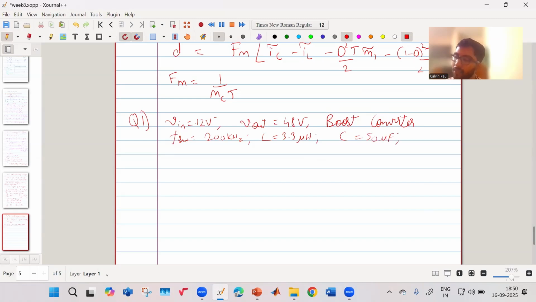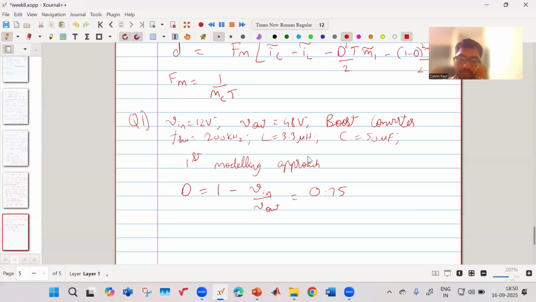And we are doing the first modeling approach. So we have a D. This is 1 minus V in upon V out. So what is that value? 0.75. So we got our duty. This is a very simple thing.